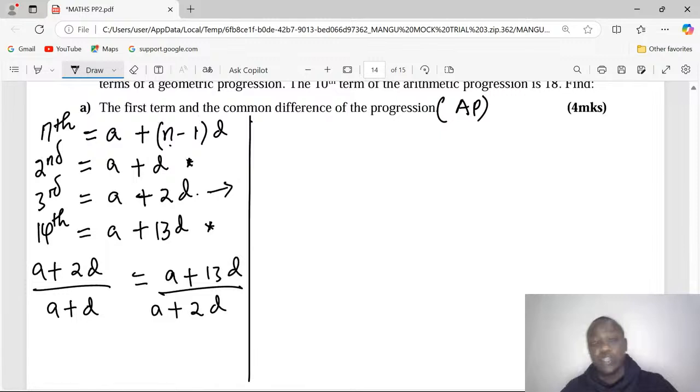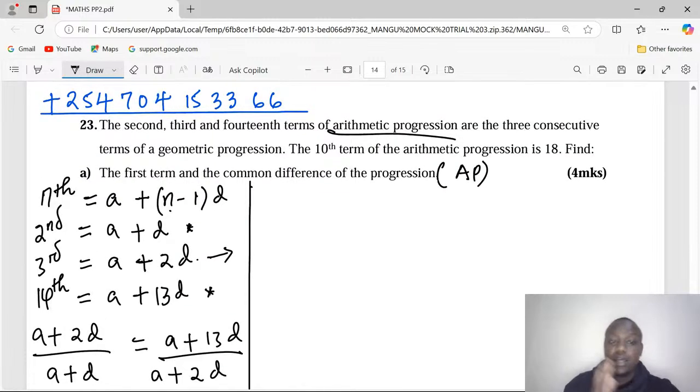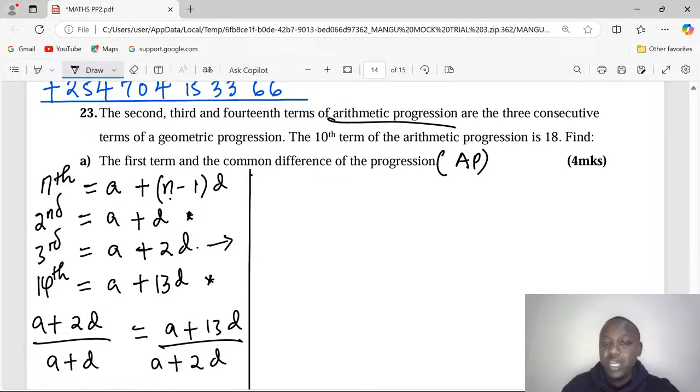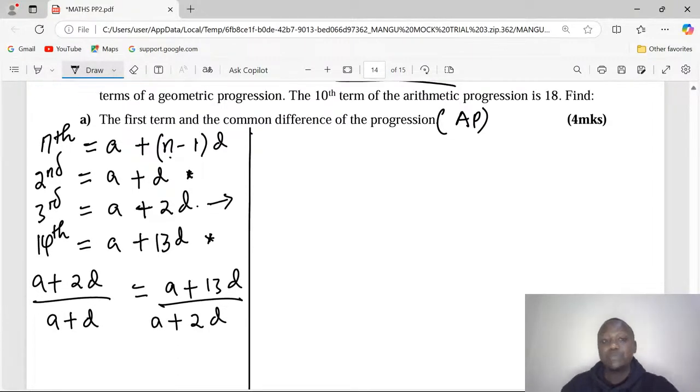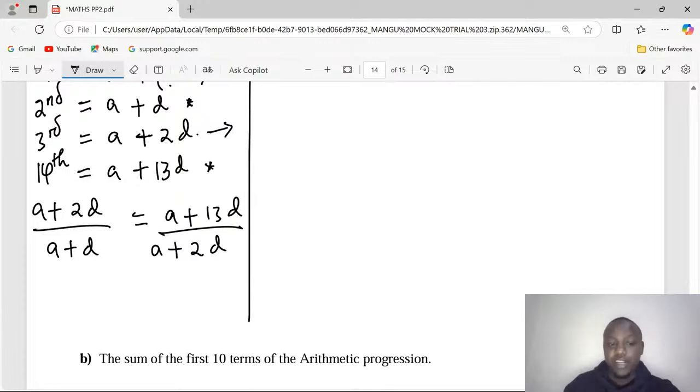They are not consecutive in the AP because they are second, third, and 14th. But when brought together consecutively, they become a GP, which means there is a common ratio between the three terms.